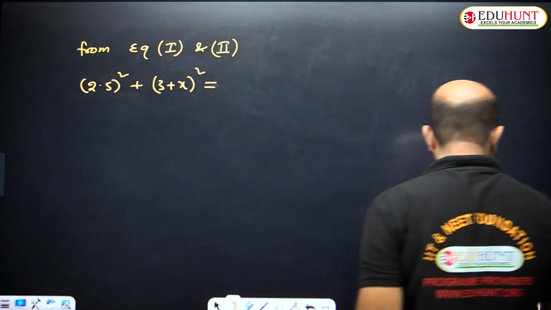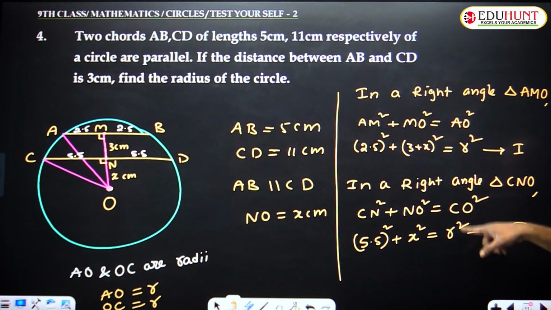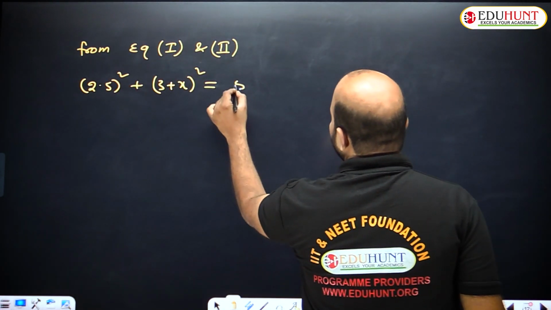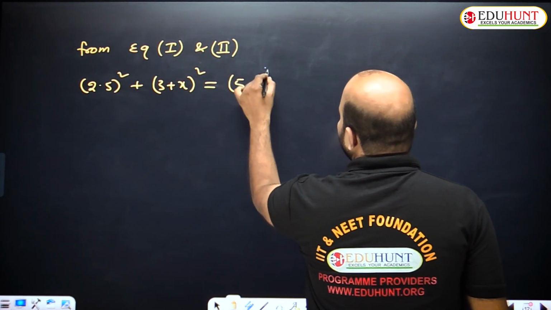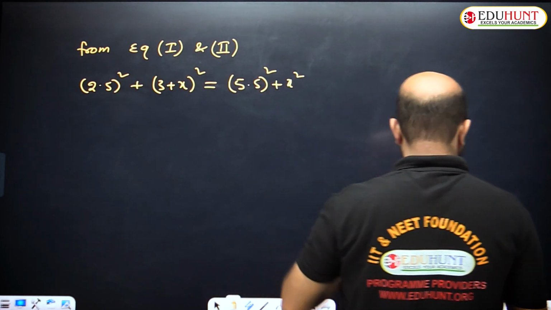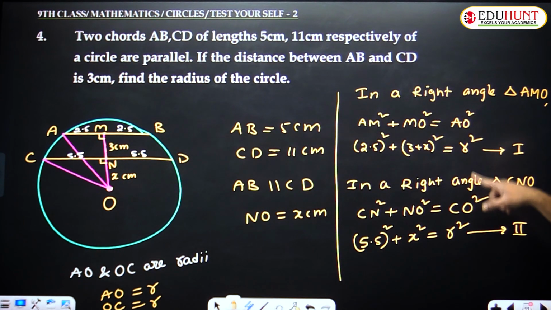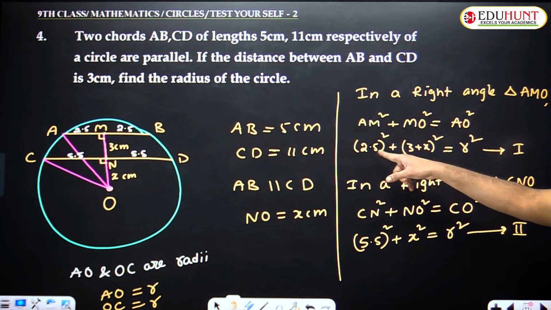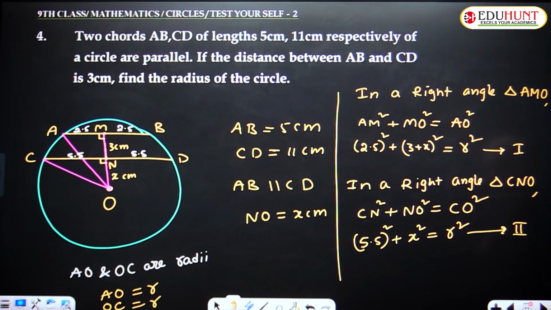So in equation 1 and equation 2, R square is equal. So it can be written as 2.5 whole square plus 3 plus x whole square equals 5.5 whole square plus x square.